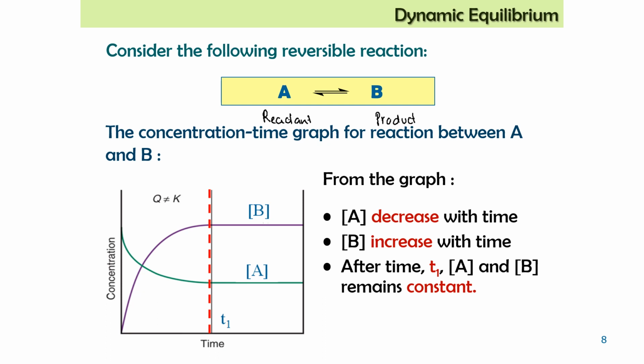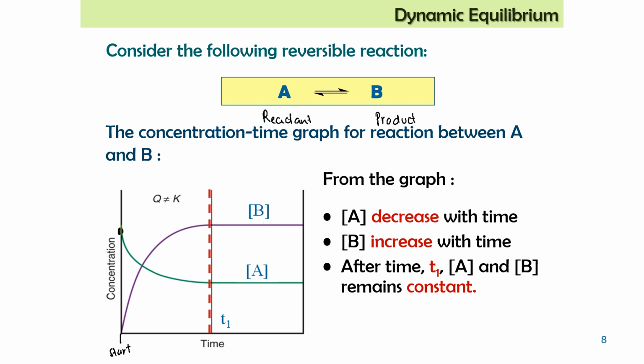So when you have this reaction, reactant A at the beginning, this is the starting of your reaction. The concentration of A at this point is very, very high, the highest, because at the beginning of the reaction, the concentration of A is very high.